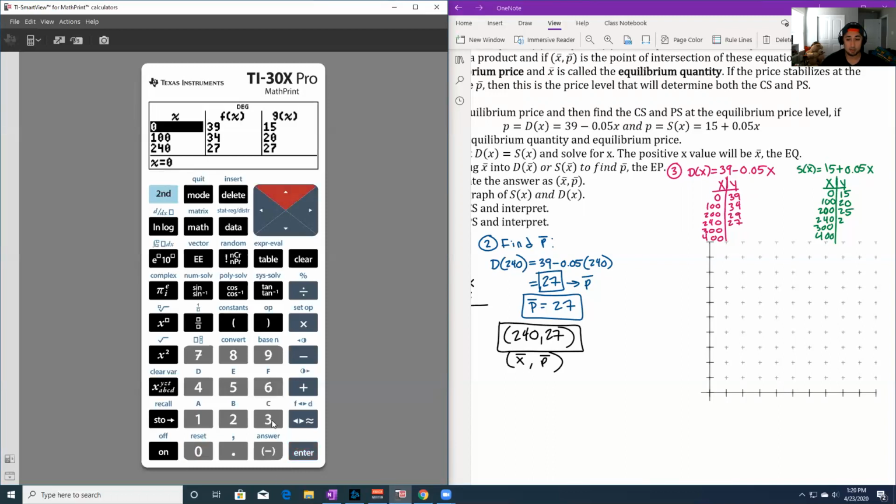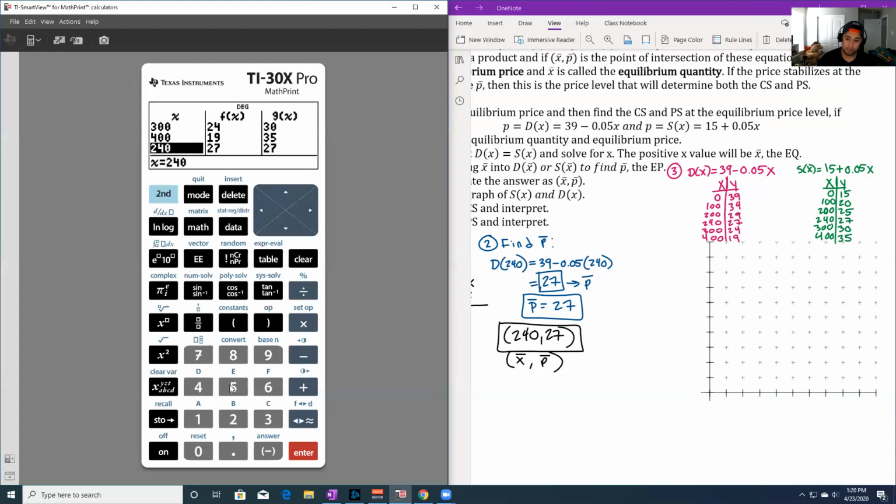Then type in 300 and 400. There we go. For 400, I get 19 and 35, and for 300, I get 24 and 30. That's perfect. I think that's all we need.